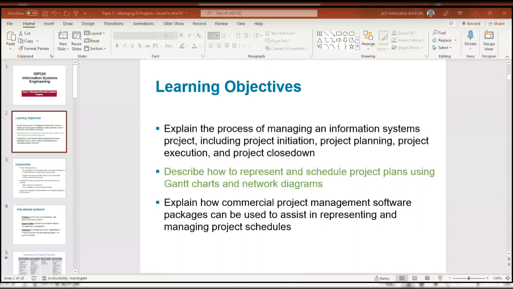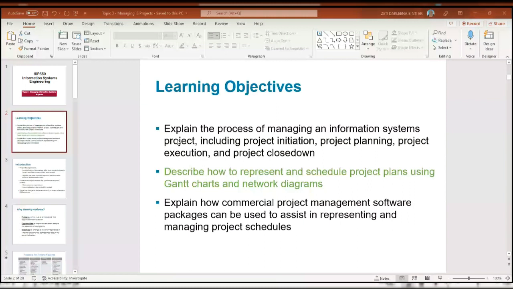Cuma kita kena bayangkan as if we are the team developer, that we're going to develop a system, information systems to be specific. It could be software, it could be information system. The terms is relatively interchangeable in the practical world.